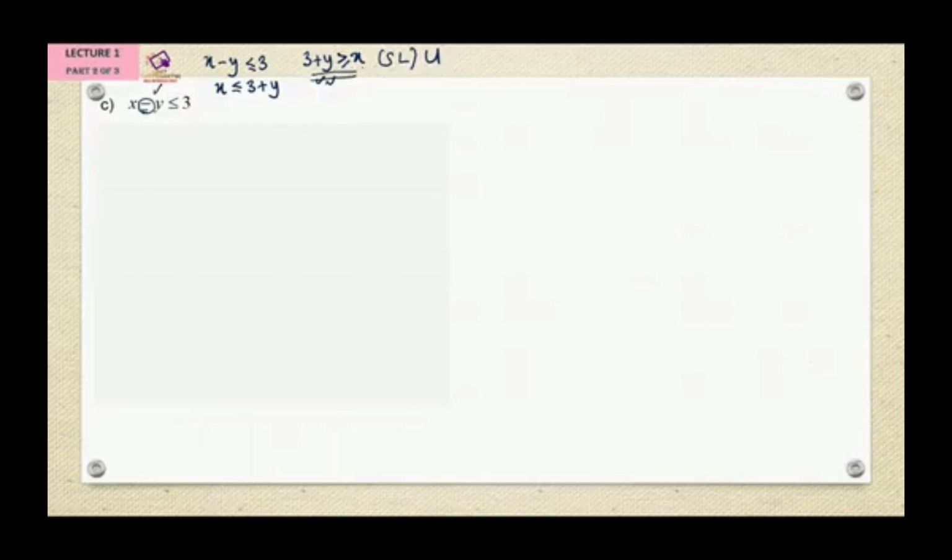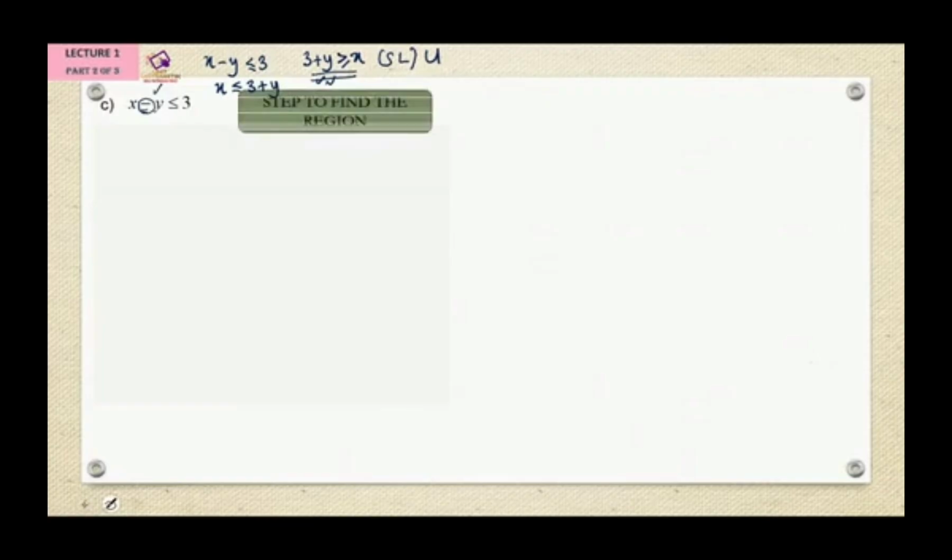Until here, we can identify the solid line or the broken line, above the line or below the line. Since the notation is greater than or equal, the region will be above the line, and it is an included boundary line, so the line will be a solid line.